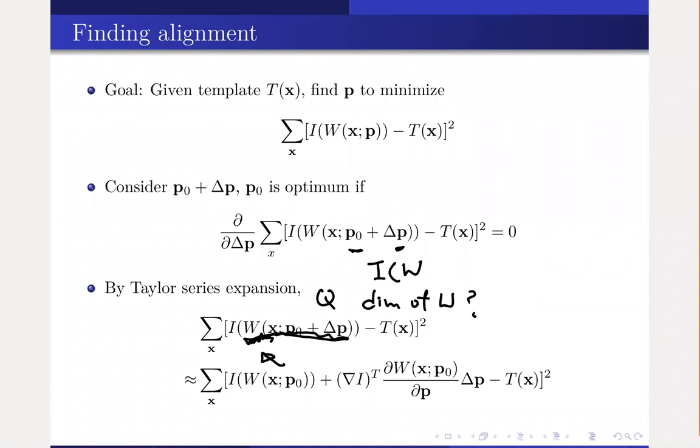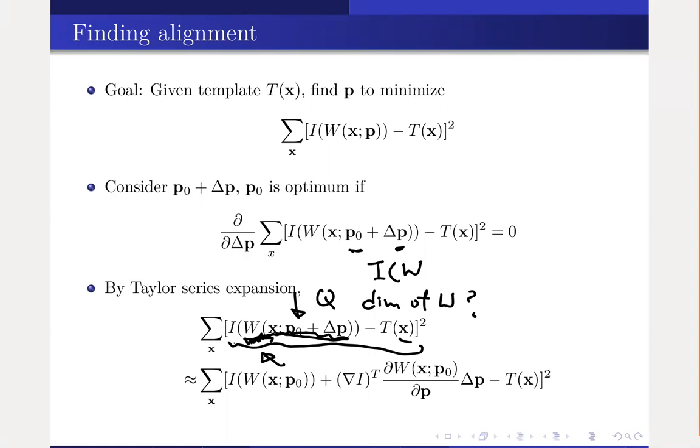It's a simple question, but I just want to make sure. So we have images X, which are 2D, so after warping it is still 2D. Now I take the derivative of this with respect to P, right? P doesn't have to be 2D, it can be high dimensional.